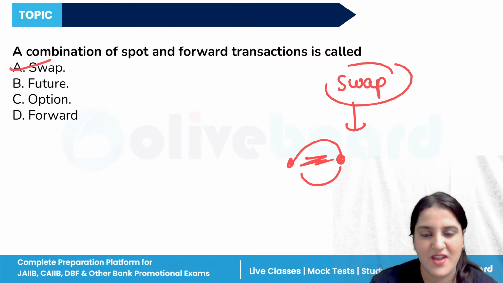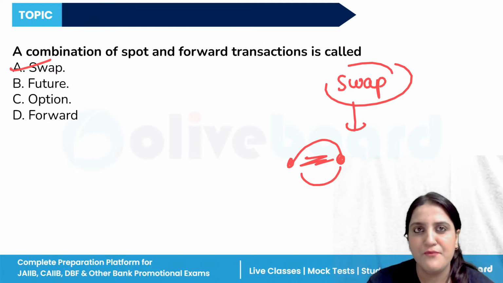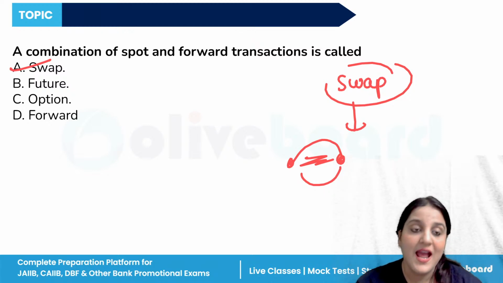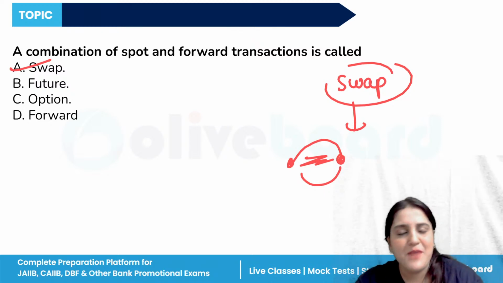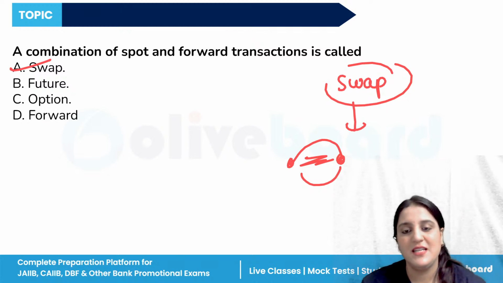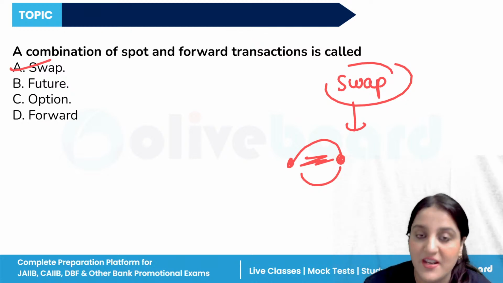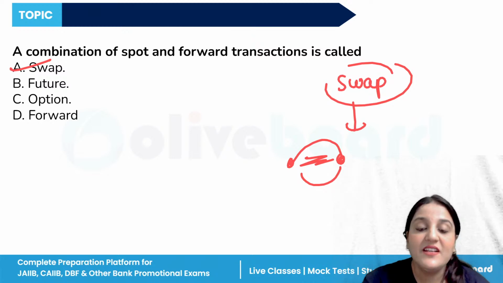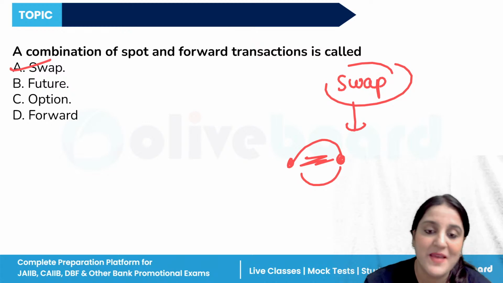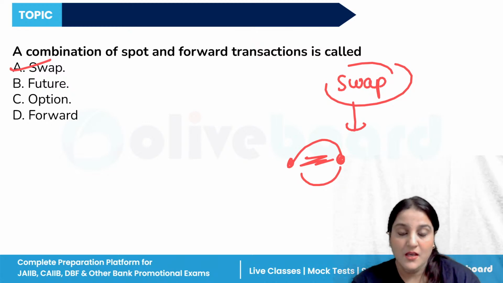So the correct answer is swap. A future is a standardized contract for buying and selling of assets at a future date for an agreed price. An option is a financial derivative that gives the buyer the right but not the obligation to buy or sell an asset at a specified price.